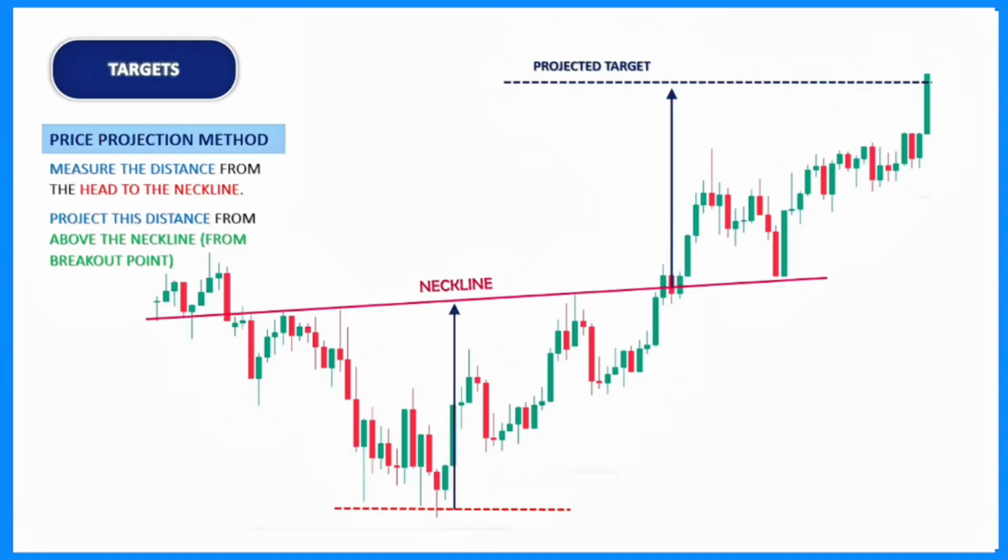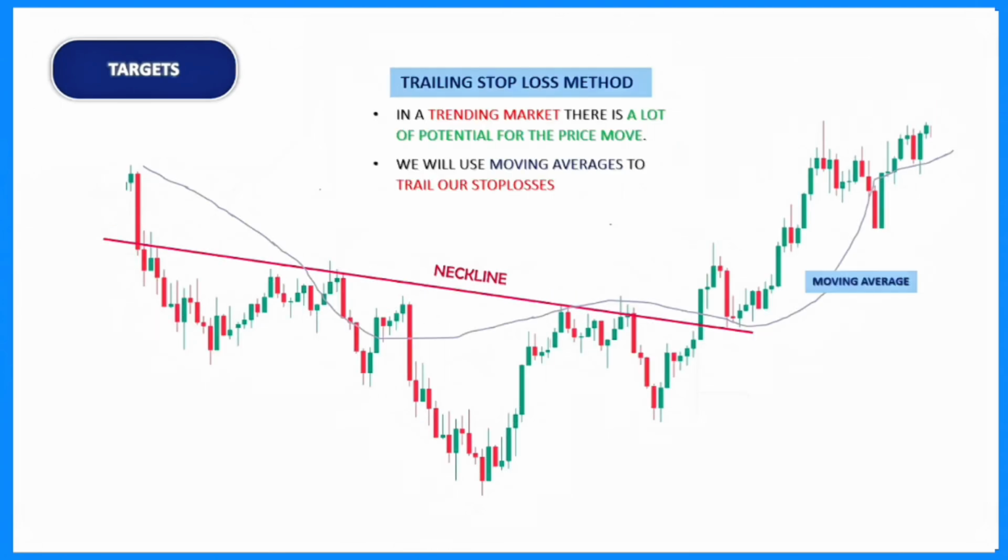move, and it might be better to skip that trade. Now, unlike the price projection method, the trailing stop-loss technique doesn't use a fixed profit target. Instead, you move your stop-loss as the price continues in your favor, allowing you to ride the trend as long as possible. Here's how you can do it.